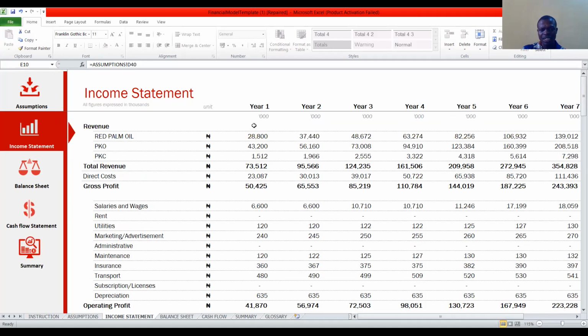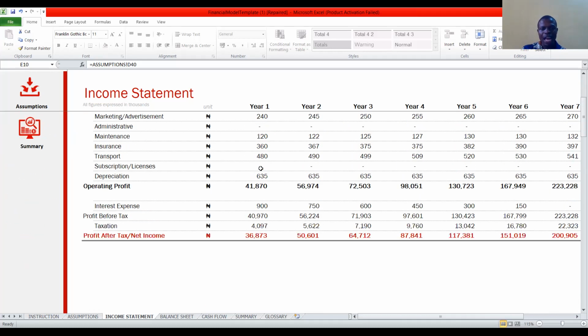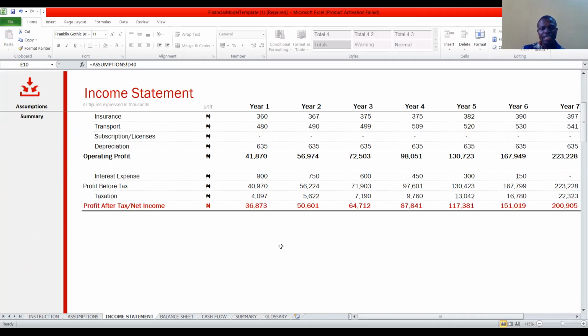So gross profit is 50 million 425. Then after operating expenses, you will be making 36 million in year 1, and the projection increases based on the figures you have provided.